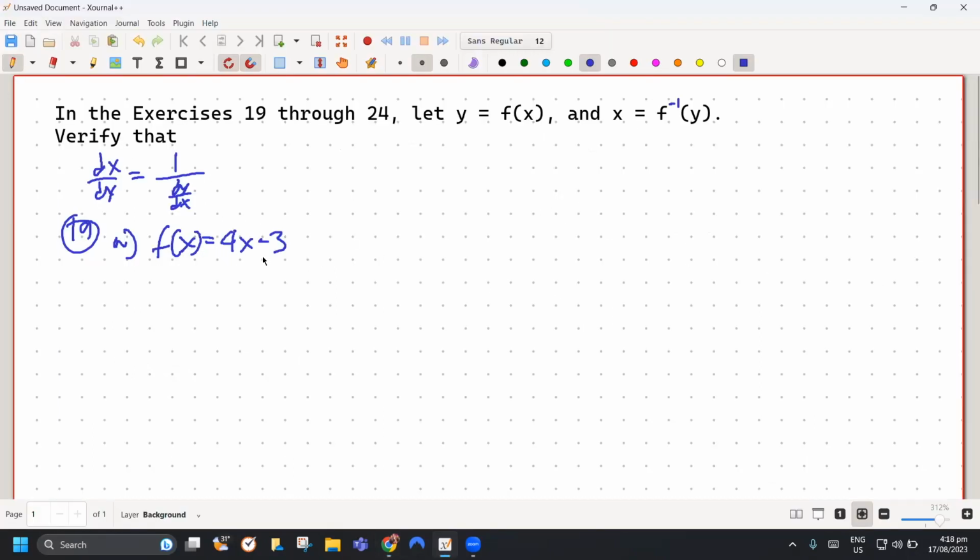So, ang derivative niyan, that's going to be dy dx. Ngayon, yung inverse function naman, kailangan natin isulat. So, x equals 4y minus 3.